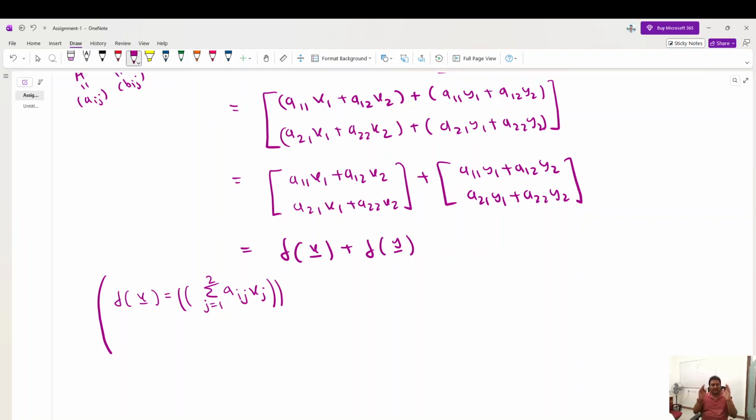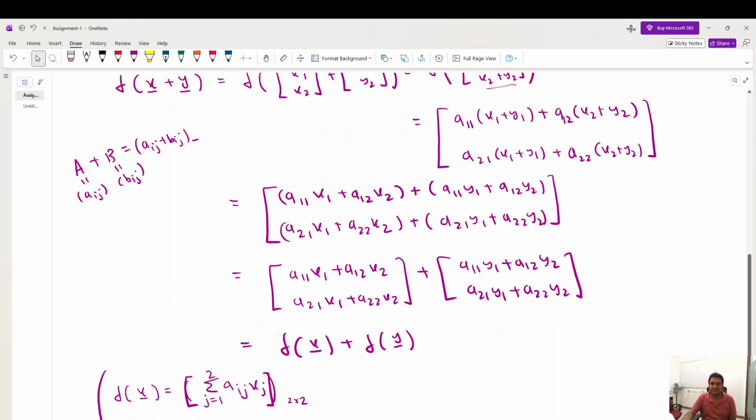So for having the first row, you have to put i equal to 1, and for having the second row, you have to put i equal to 2. Let me use the single bracket. I told you for matrix, I can use curly bracket also and the square one also, so don't get confused. I'm saying it is a matrix. Although I've written order here, this should not confuse you.